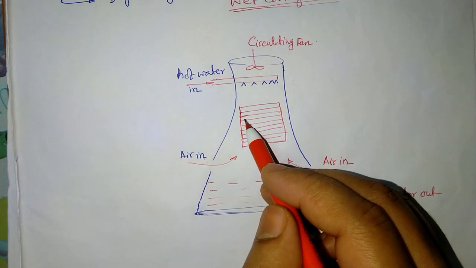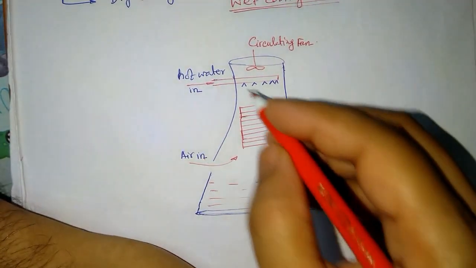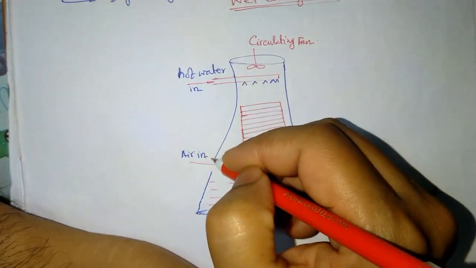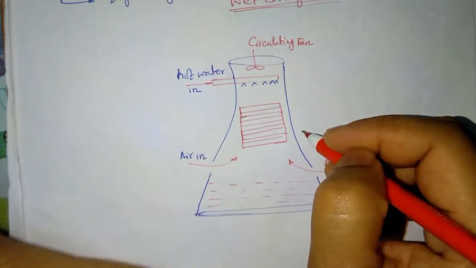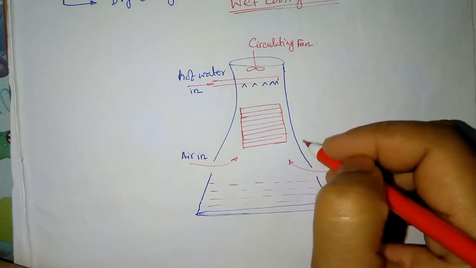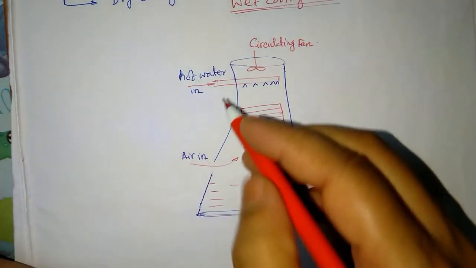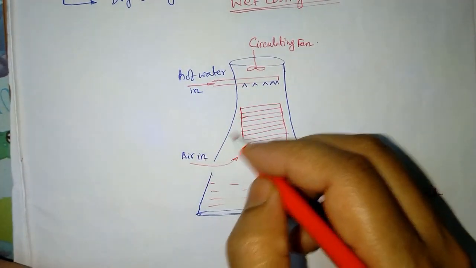That white smoke is nothing but the evaporated water, or water vapor. The shape is made like this to get better strength of the cooling tower.